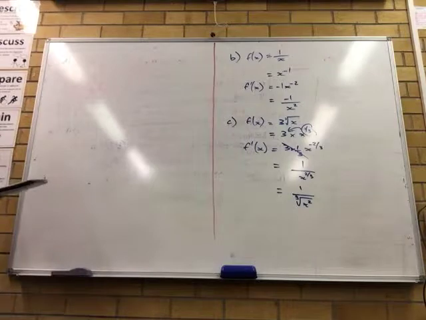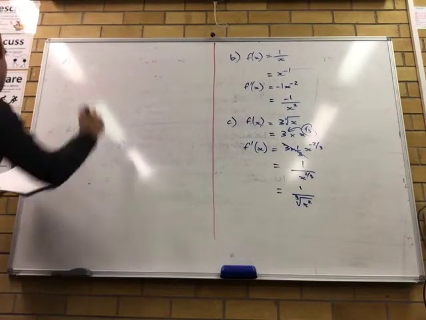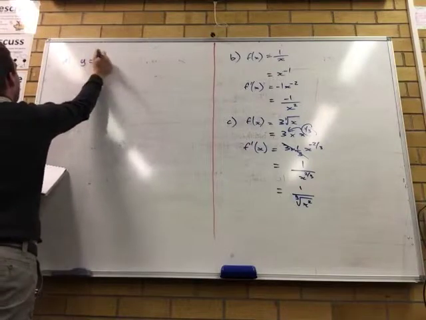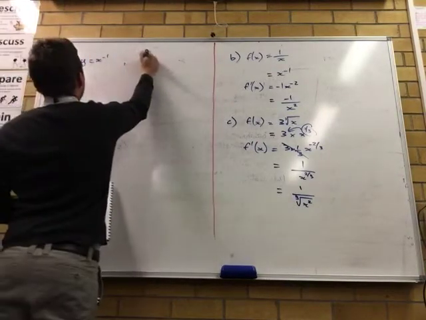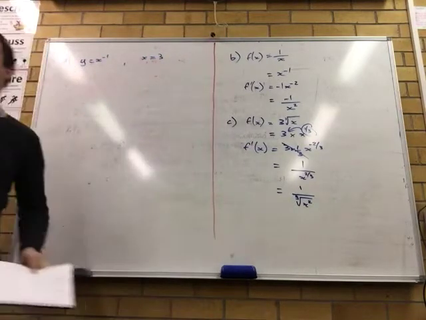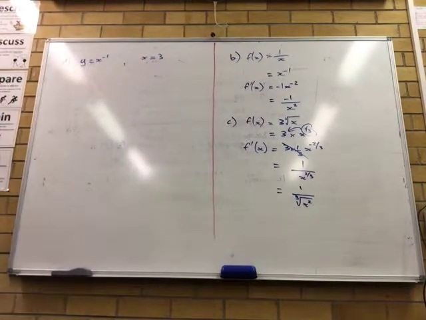Alright, D, find the equation of the tangent to the curve y equals x to the power of negative 1, at the point where x equals 3. So we're combining yesterday's work, tangent to normal, to today's work, to last week's work. 3 lessons worth of stuff we're doing now.